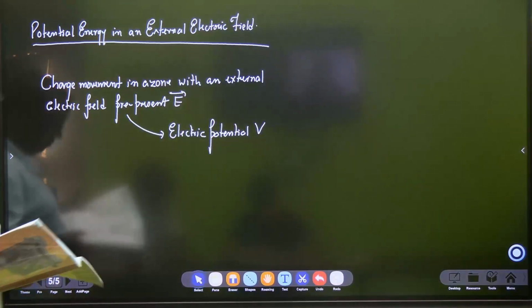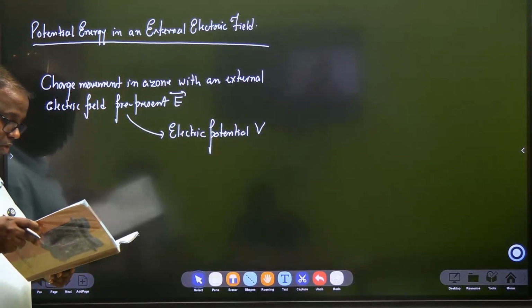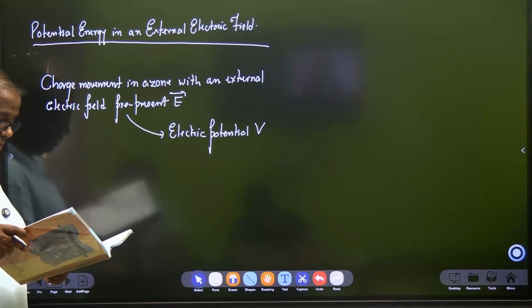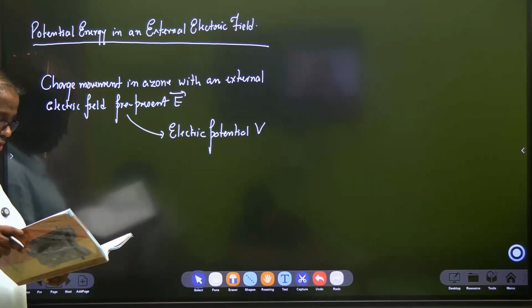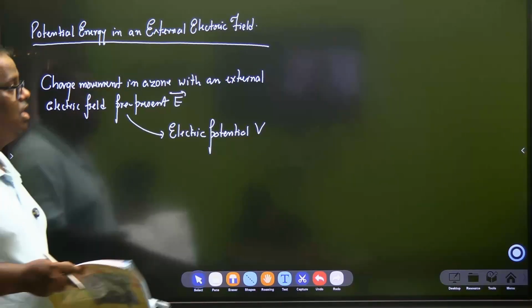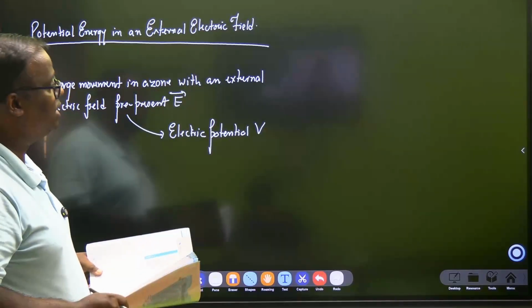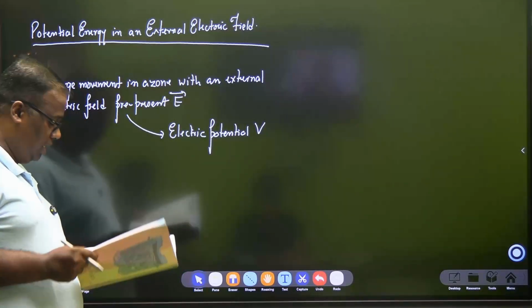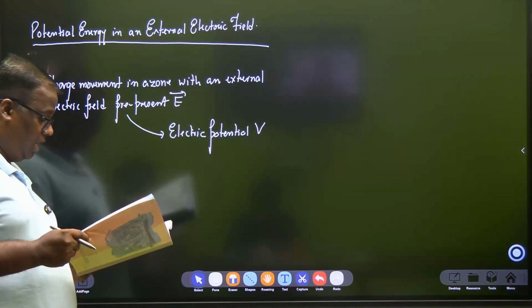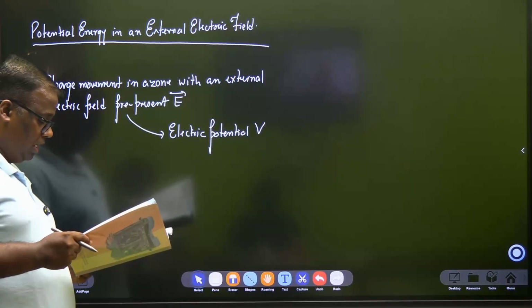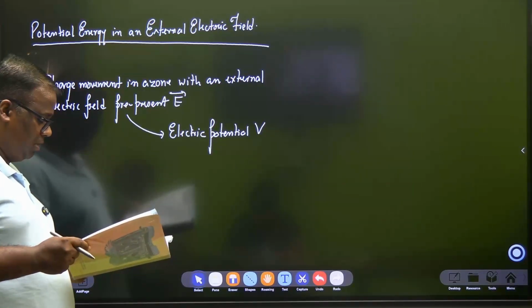Now we assume that the charge Q does not significantly affect the sources. This is true if Q is very small, meaning our charge is not going to affect the external electric field. But for that, our charge should be very small, or the external sources must be held by some other forces.